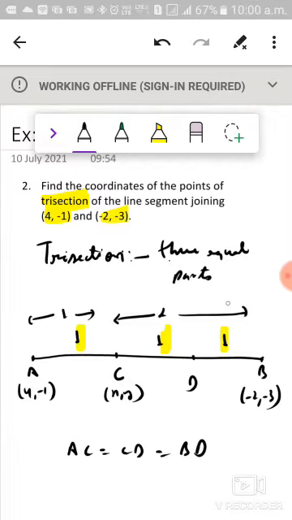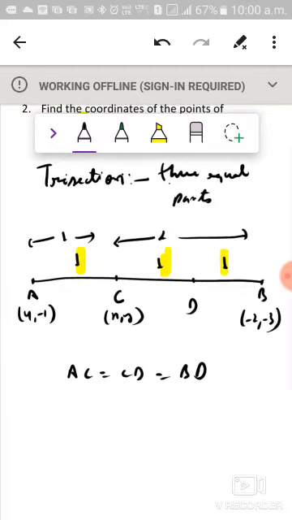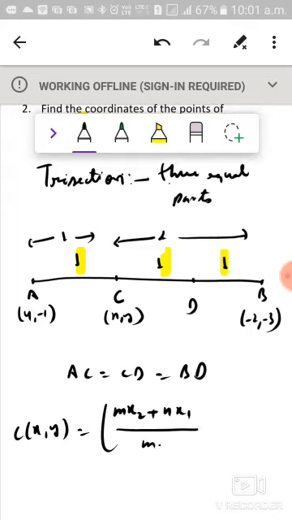Now, to find C we will apply which formula? That is the section formula we have learned in our previous session. So C, x comma y, will be (mx2 plus nx1) by (m plus n), comma (my2 plus ny1) by (m plus n).